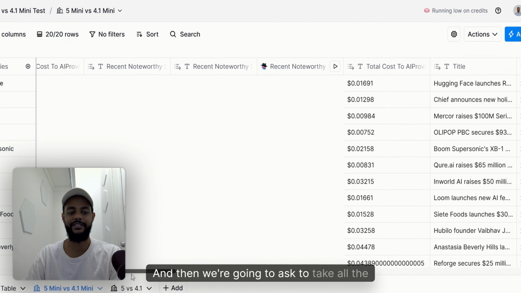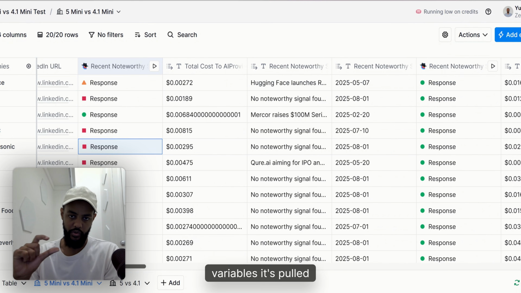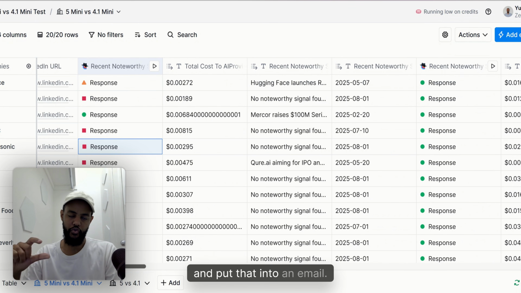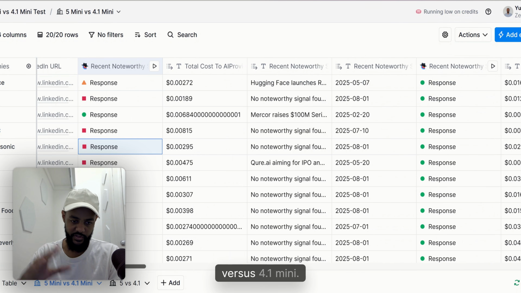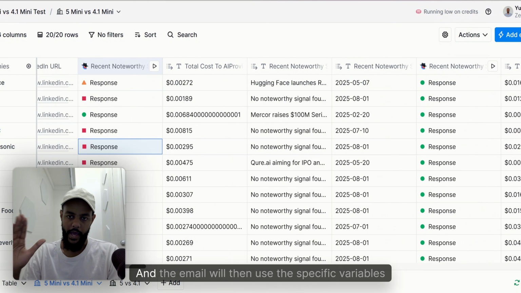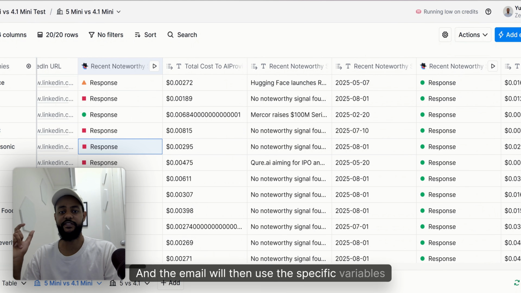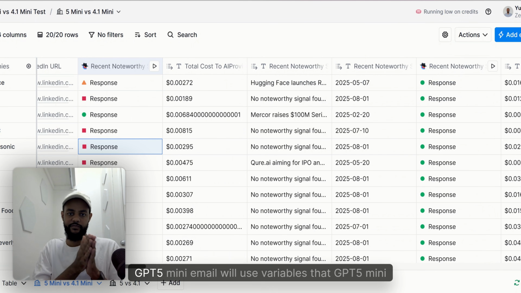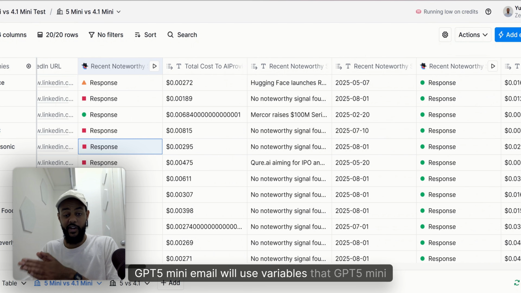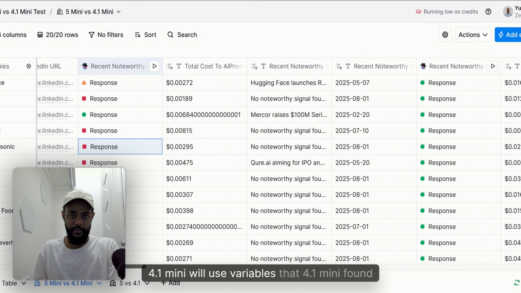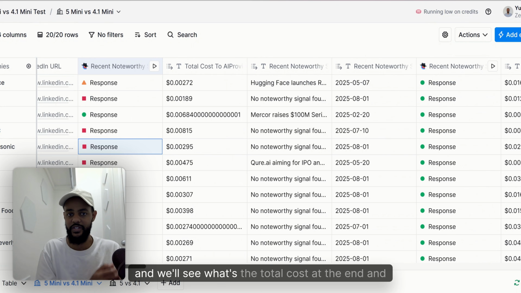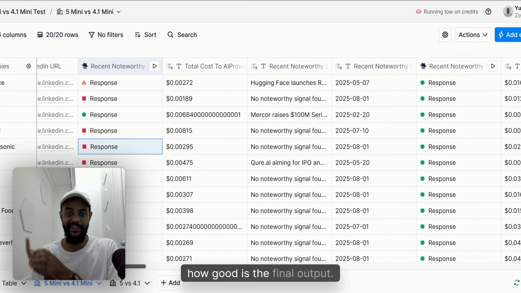Then we're going to take all the variables it's pulled and put that into an email. We're going to do this separately for GPT-5 mini versus 4.1 mini. The GPT-5 mini email will use variables that GPT-5 mini found, and 4.1 mini will use variables that 4.1 mini found. We'll see what's the total cost at the end and how good is the final output.